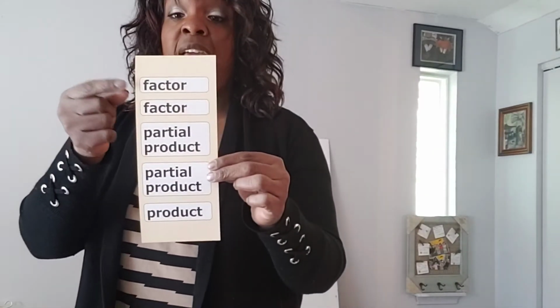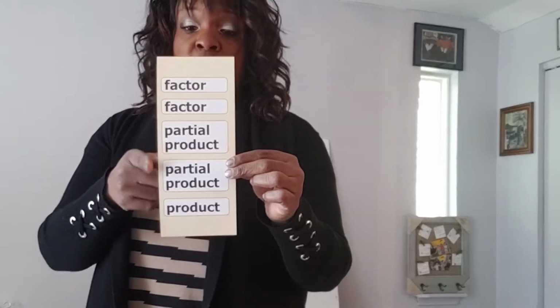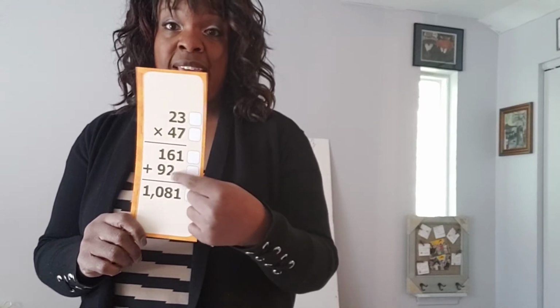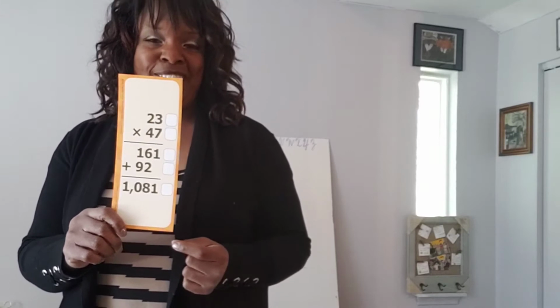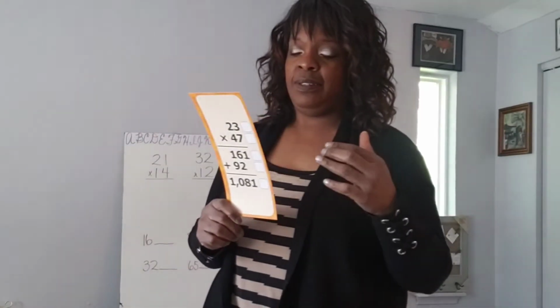So this is one factor, this is the second factor, then the partial product, then your other partial product, that space is where the 0 would go, and then your final answer, your product, total product. There you go.